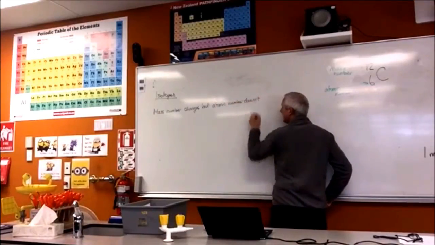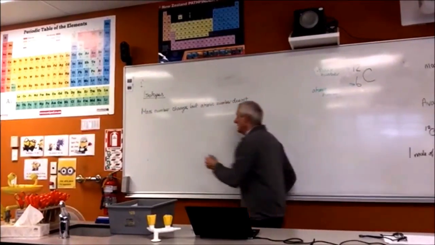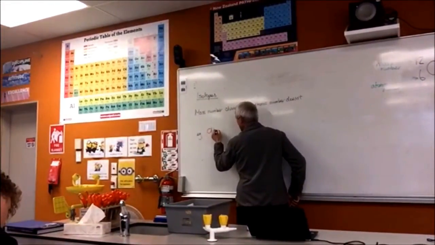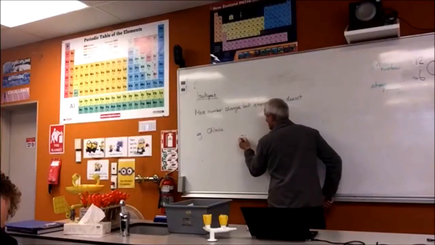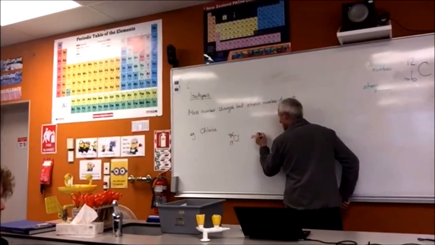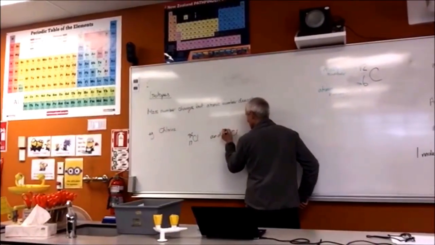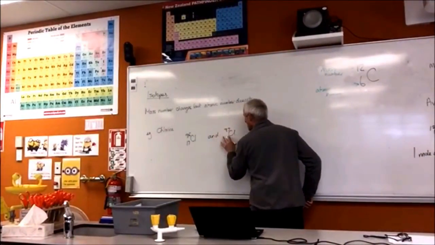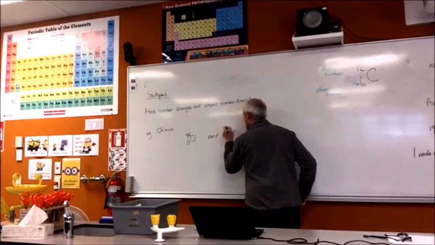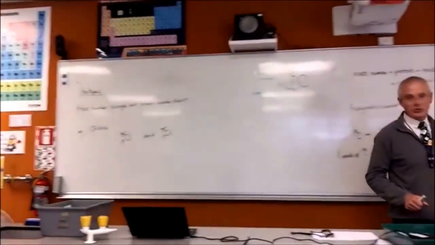And as I've said, a classic example is chlorine. Okay, so we've got 2 isotopes.